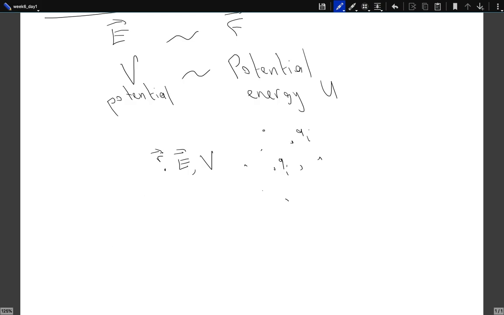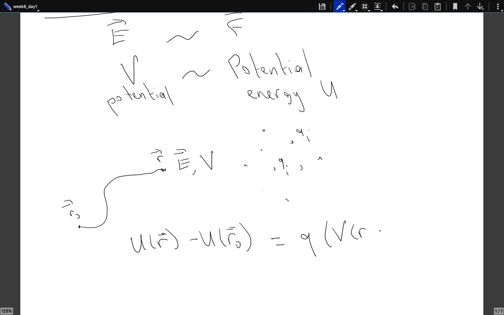So if you want to bring this charge, let's say from a point R0 to that point R, now if you move that, the potential energy of the system will change by U of R minus U of R0. This is the change in the potential energy, and this change in the potential energy is defined as the charge multiplied by the potential difference between those 2 points.